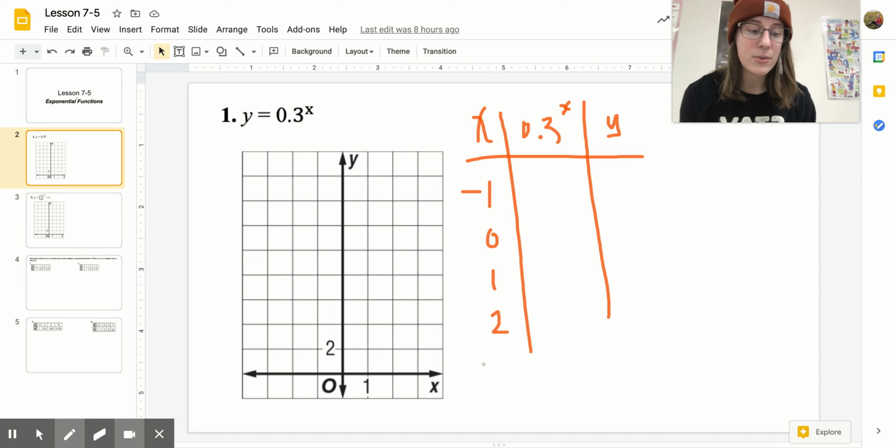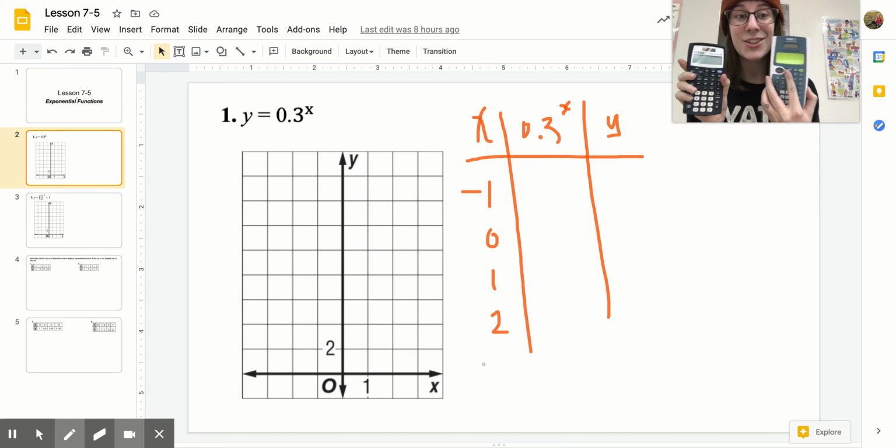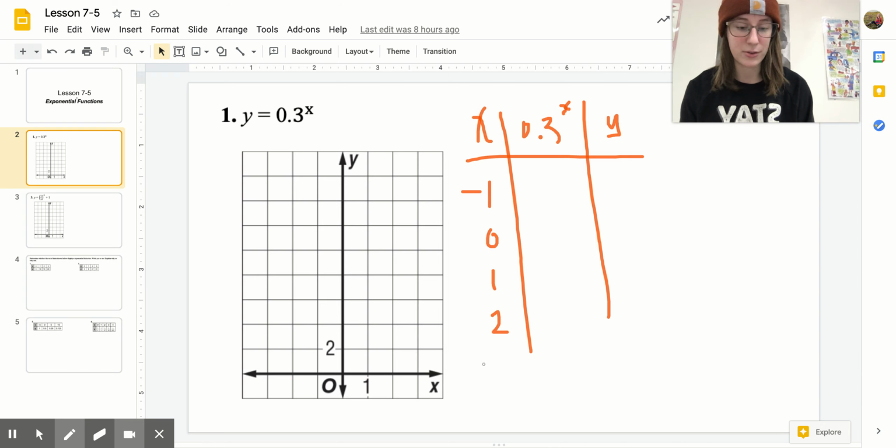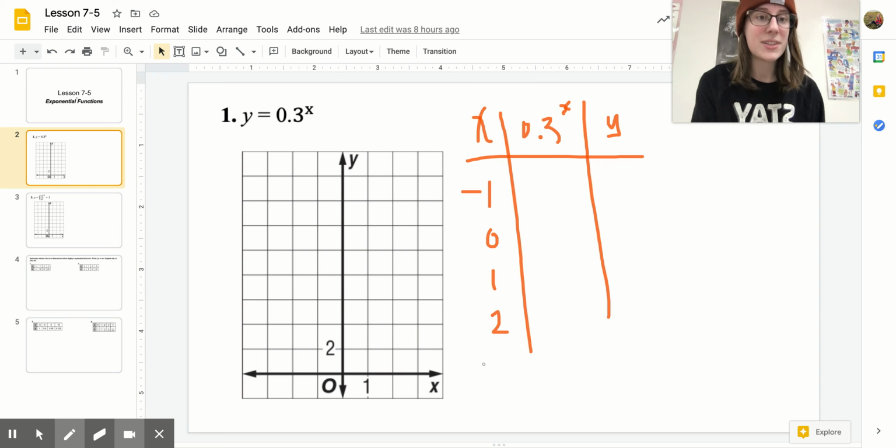If you have a regular calculator, you are going to type in the number 0.3. I'm going to try to do it on all of them just to show you.